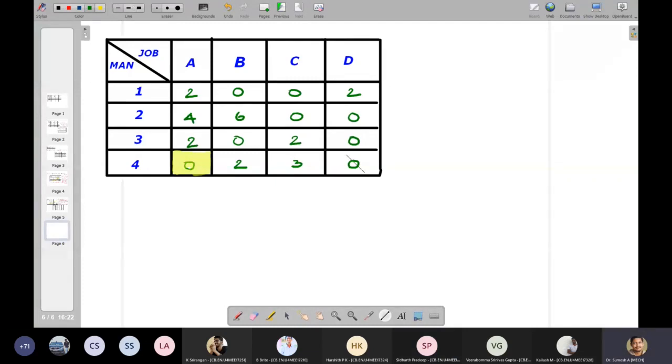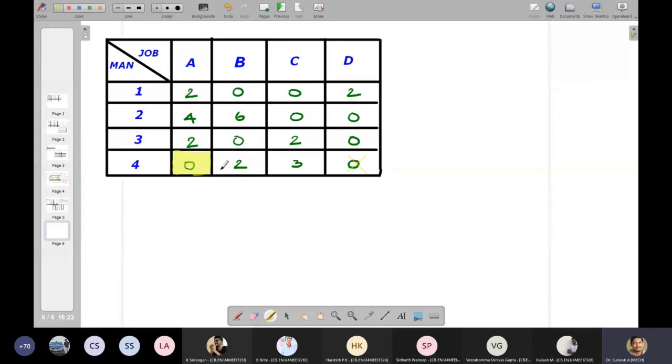Now what about the next column? 2 zeros are there. Third column, 2 zeros are there. Fourth one also, 2 zeros. Now you can go to the first row again. Two options are there, so arbitrarily I will choose this option.